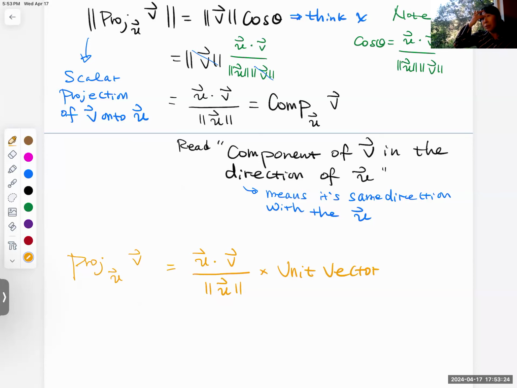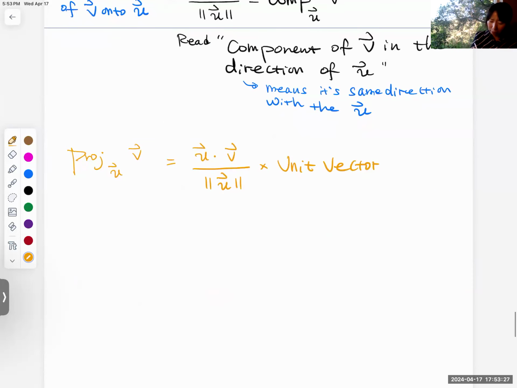So the unit vector, let me write down the unit vector.